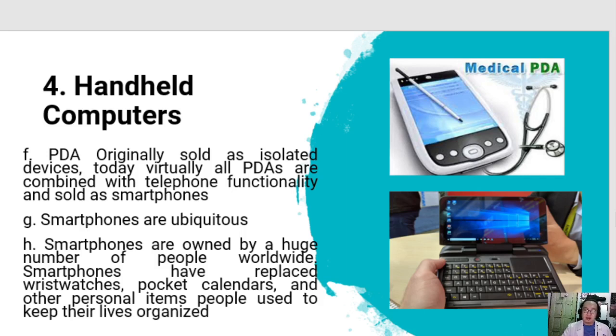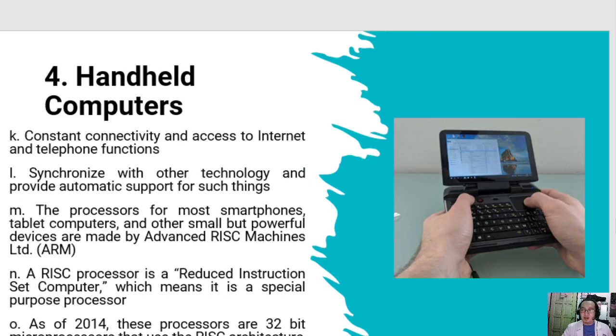Next, these handheld computers, especially the smartphones, also provide constant connectivity and access to internet and telephone functions, especially right now that we have different kinds of data allocation being provided as services by our chosen telecommunication networks or internet service providers.